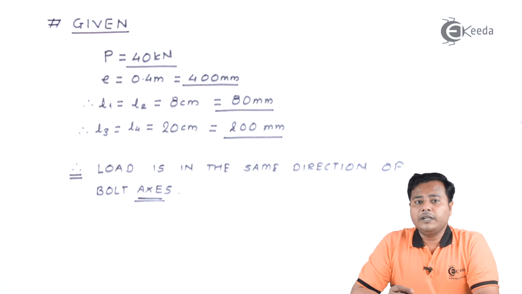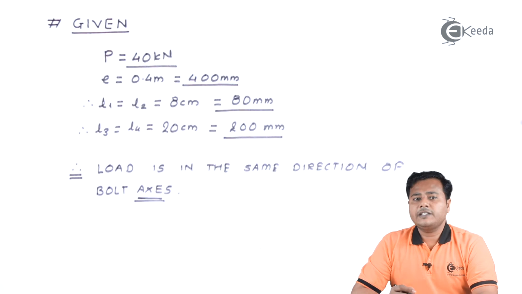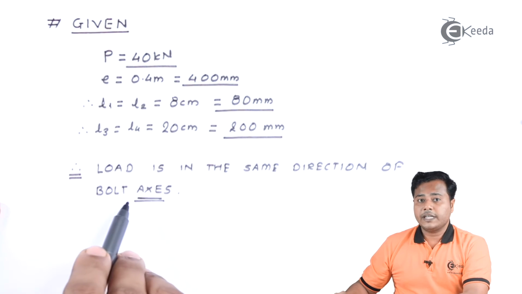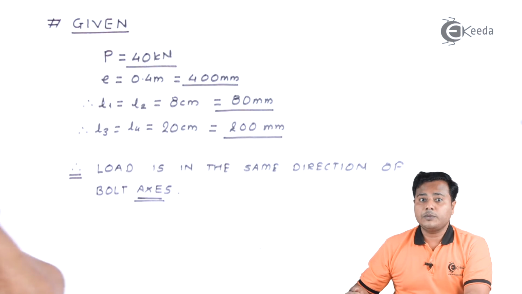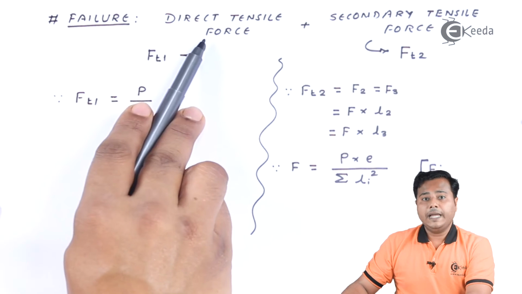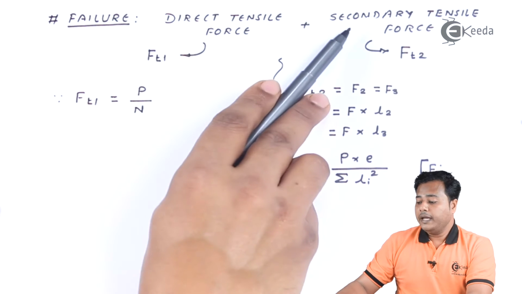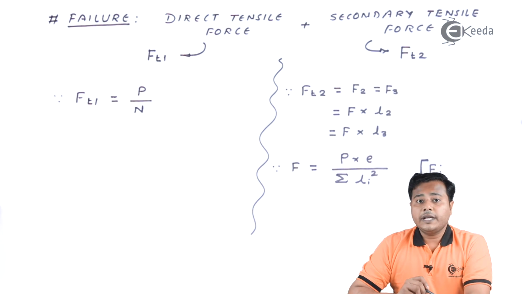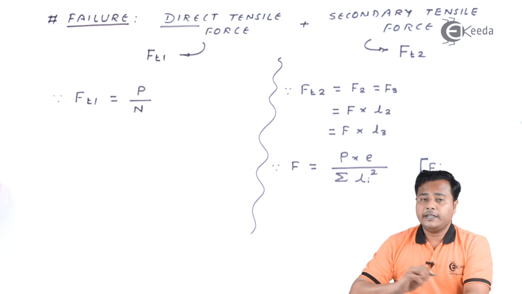Now, why have we written down this statement? If you remember case number 3, there we had learned this particular case where the directions are same, and due to this two types of failure loads come into picture. The failure comes because of the direct tensile force and the secondary tensile force. How is that possible? We know that the direct force is in the same direction and hence it will act perpendicular or normal to the area of cross section of bolts. That is the first case, and that's why they call it direct tensile force.